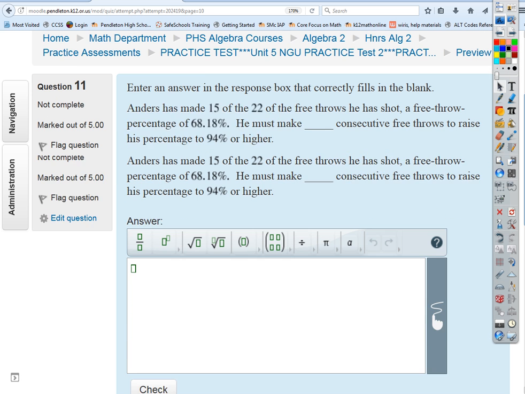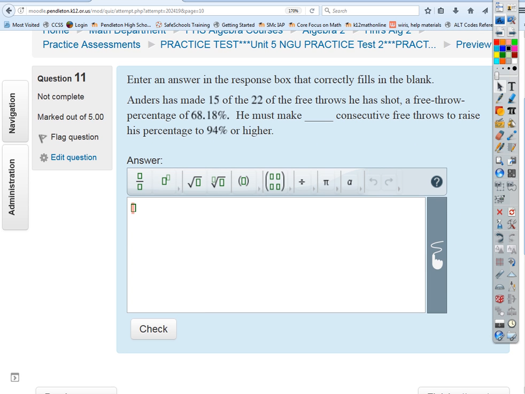Okay, and there could be others that are the same concept, but what are they looking at here? If somebody's made 15 of 22 free throws, that's a percentage of about 68%. How do you get that? How do you find out your free throw percentage? 15 divided by 22 written as a percent, right?